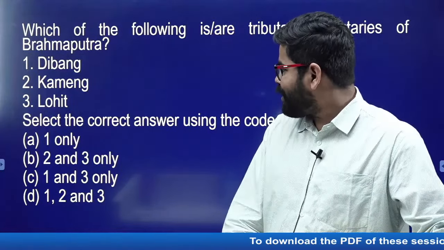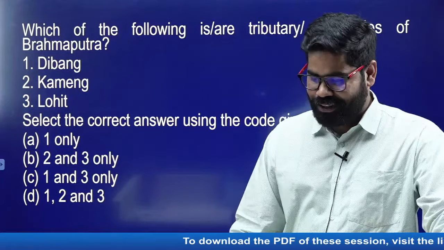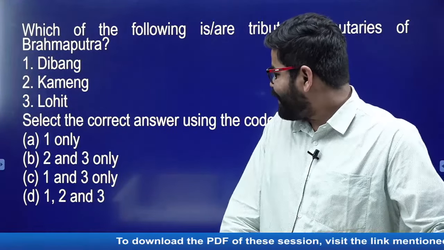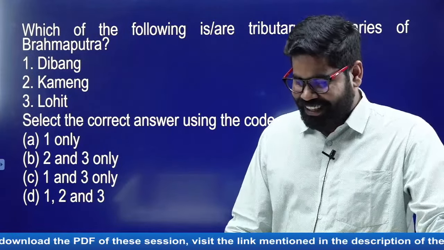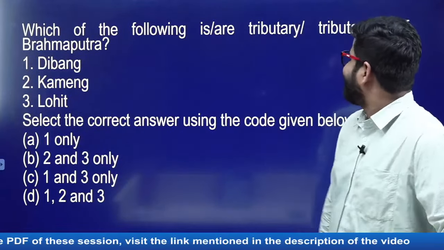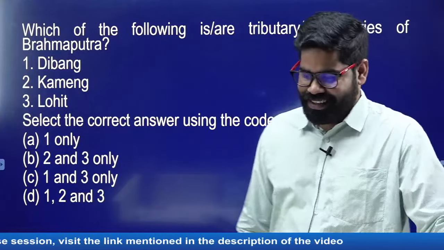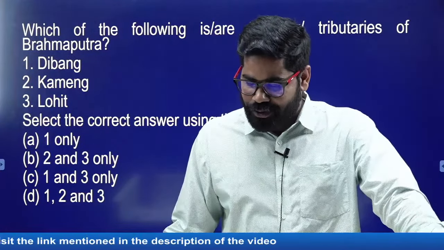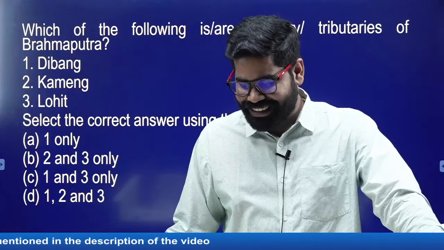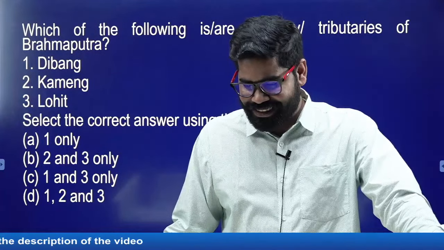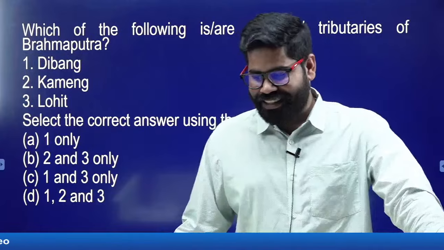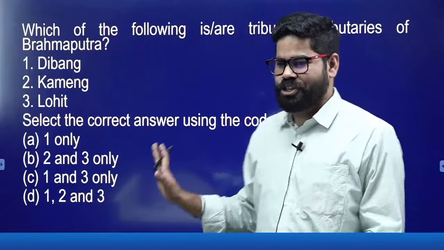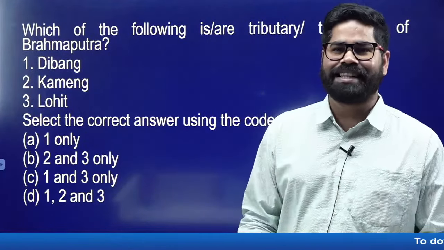I have got one answer as A, 1 only, and then C, 1 and 3 only. Anyone else? Achha, I have got 2 answers as C. Anyone else? I think this is a very easy question. This is a textbook question from the NCERT.